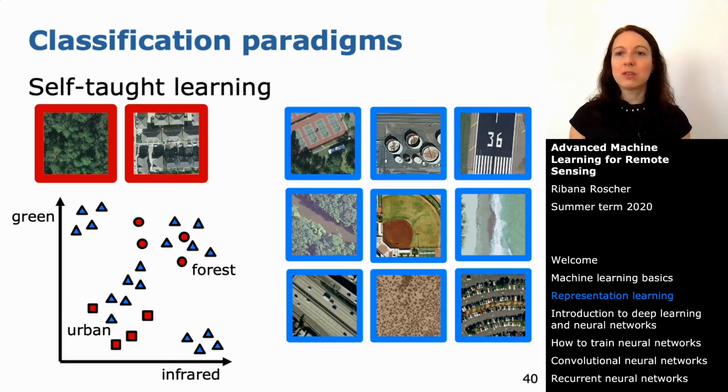One of them was self-taught learning. And I told you I would tell you in the next lecture how you can use labeled and unlabeled data at the same time with a procedure called self-taught learning for classification. And I will show you now how you can do this.